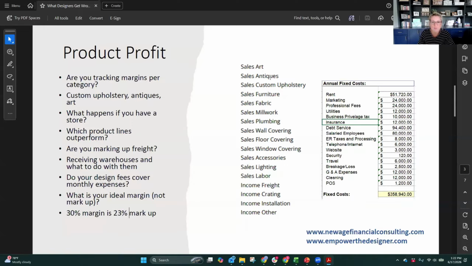I'm not separating out door hardware versus a finial versus a curtain rod, but I am looking at the big categories, especially if I know, as an example, so custom upholstery is a great line item, right? There are a lot of firms that will mark up custom upholstery completely separately and differently than a flat 30 or 35% markup. And what is custom upholstery?